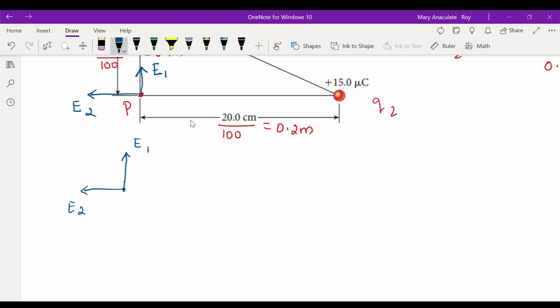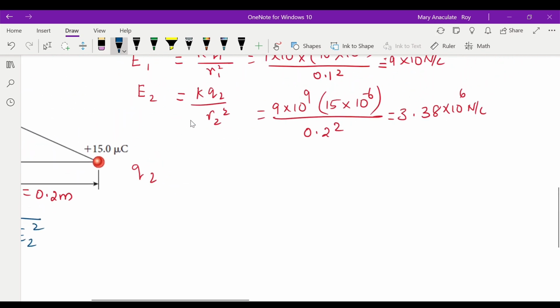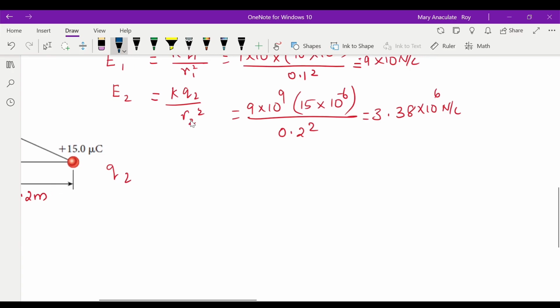So what did I mention initially when I said math skill? If they are at 90 degrees, how will you add them in a vector way? E net, or the final E, will be equal to square root of E1 square plus E2 square. That's it. There is no component required here. Why? Because you have them acting at 90 degrees, right? So we'll substitute the values.